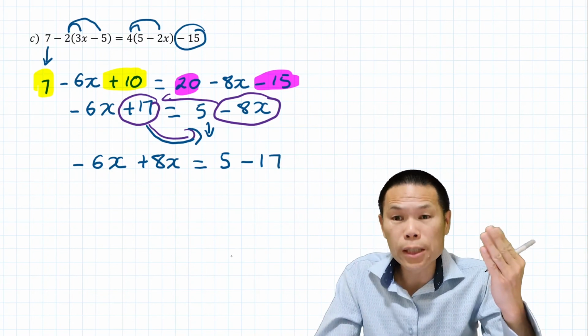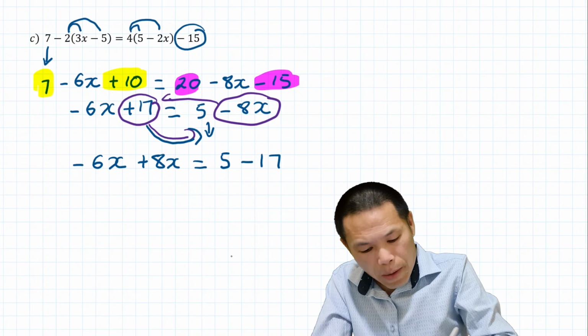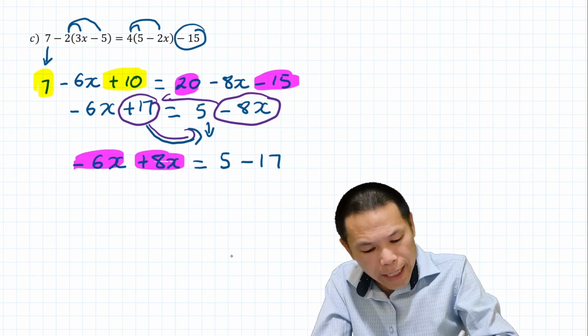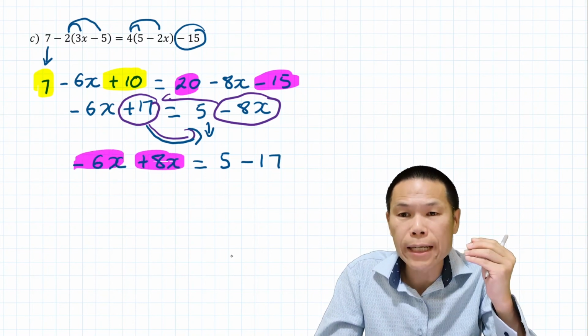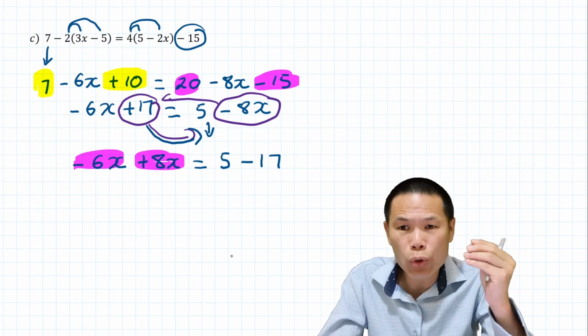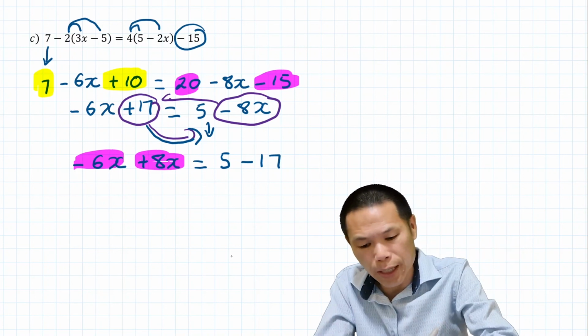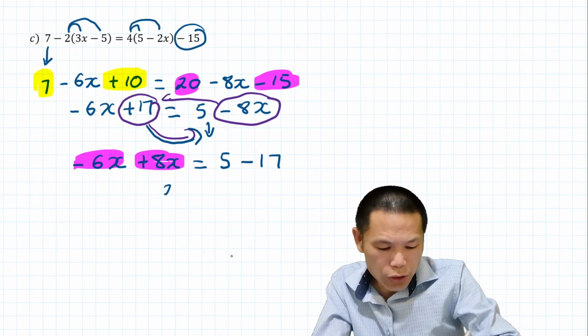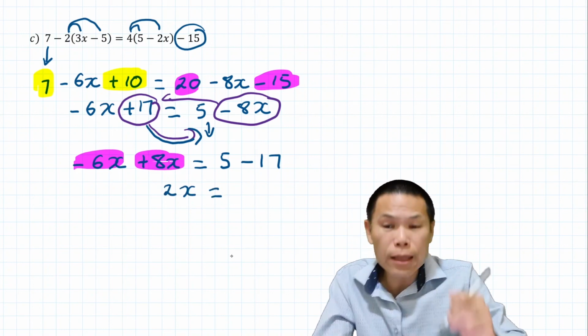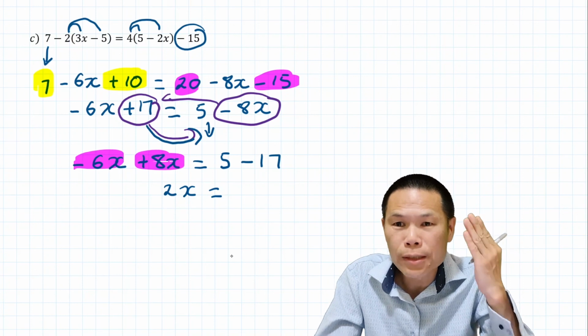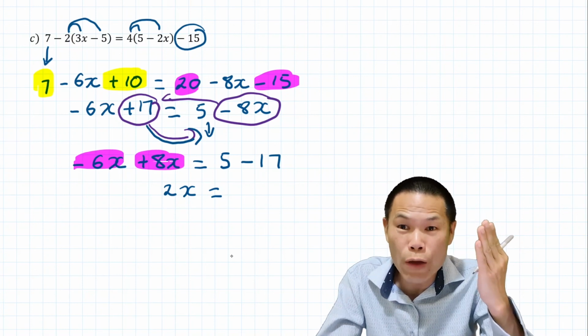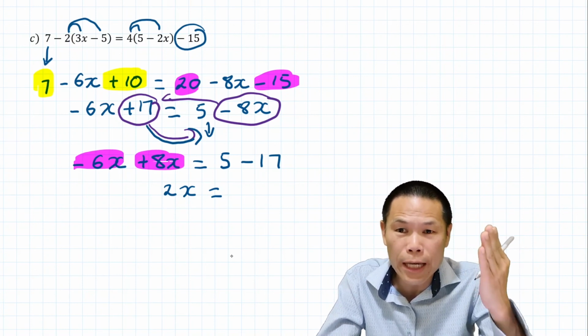What I do now is I just collect like terms. So I'm minus 6x plus 8x. Minus 6 plus 8 gives me 2. Otherwise, just put it on a calculator, negative 6 plus 8. Or it can be 8 minus 6, the same thing, okay? So that gives me 2x. And then 5 minus 17. 17 minus 5 is 12. So therefore, 5 minus 17 is negative 12.